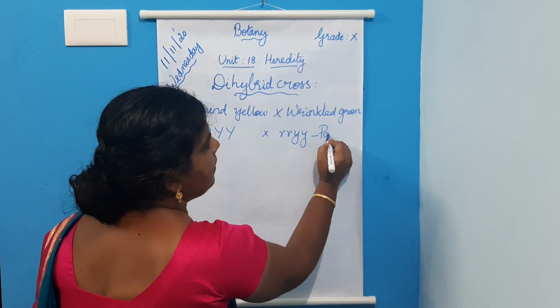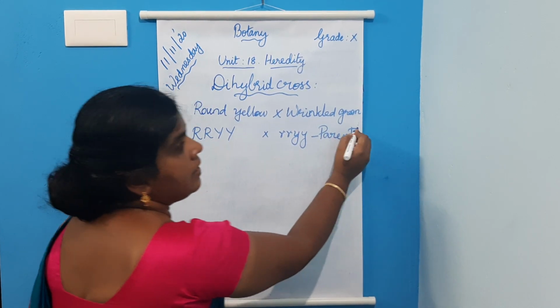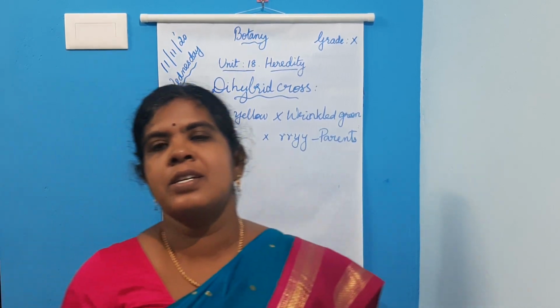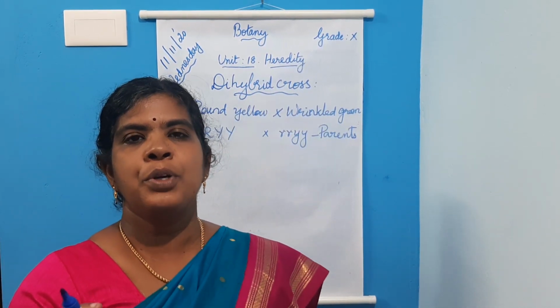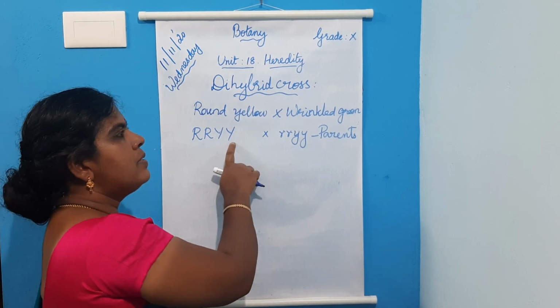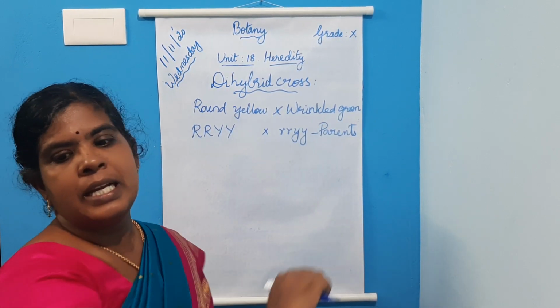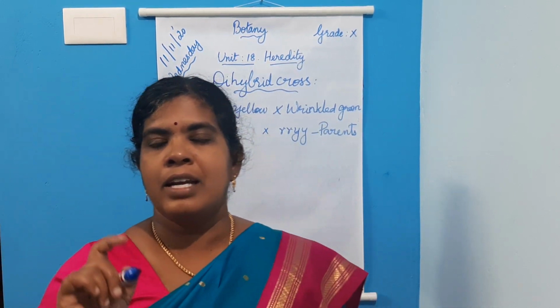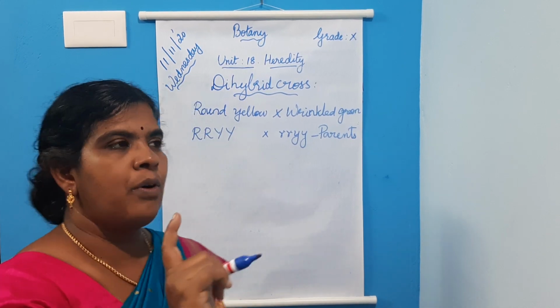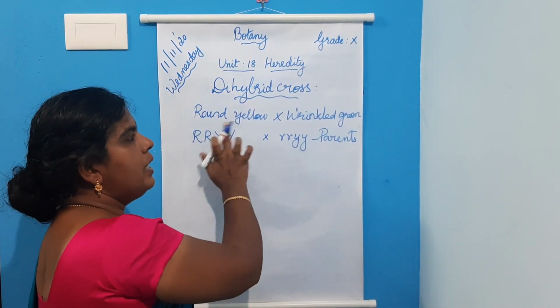These are the parents, pure breeding parents. He crossed pea plants having pure breeding round yellow seeds with pure breeding wrinkled green seeds. In F1, he found only the round yellow seeds.